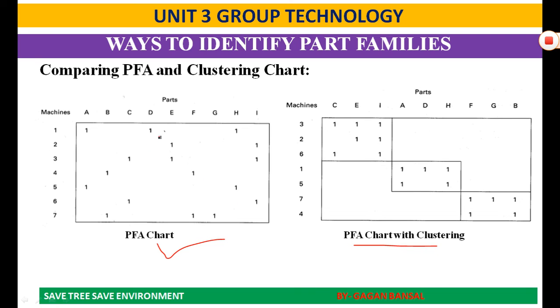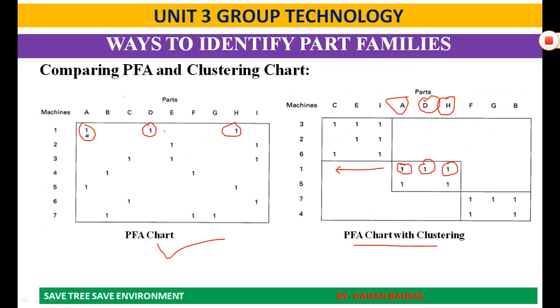Like this machine 1, it is used by part A, part D, as well as part H. So what we did is we took machine 1 and grouped A, D, and H, which use machine 1.